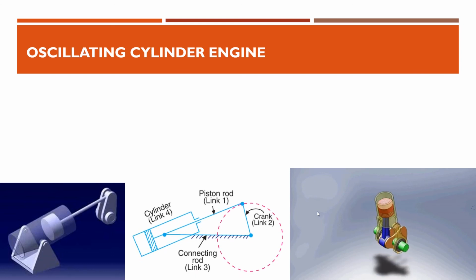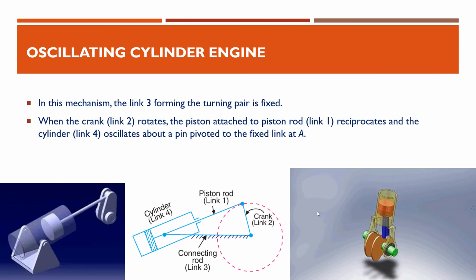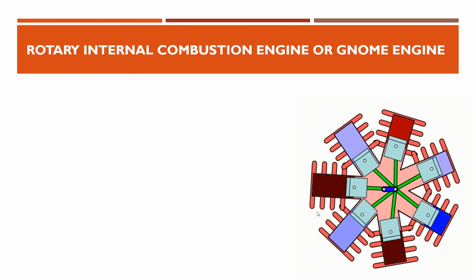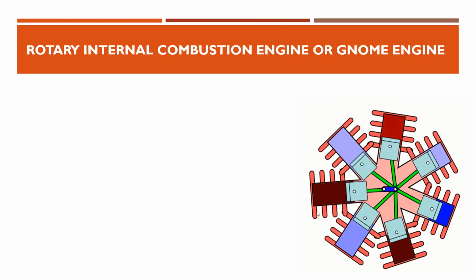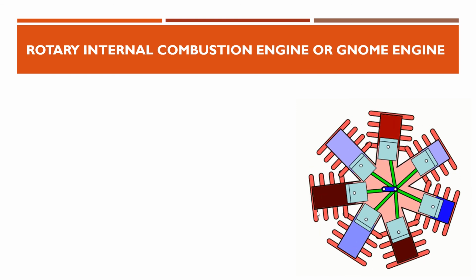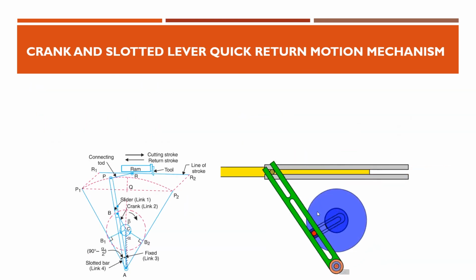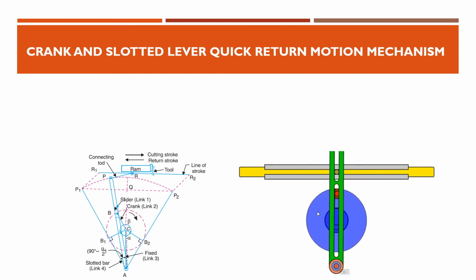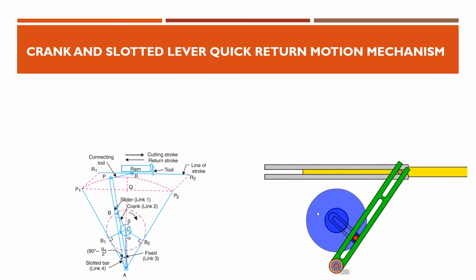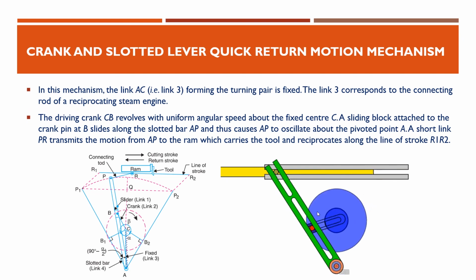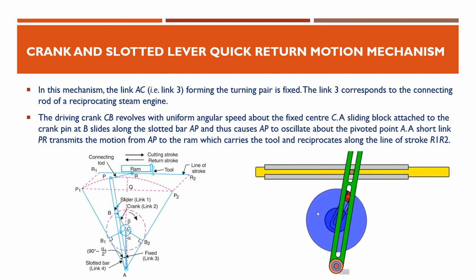The connecting rod is the fixed one. In the rotary internal combustion engine, the crank is the fixed one. And finally, in the crank and slotted lever quick return mechanism, again the connecting rod is the fixed one. Okay. So these are the four inversions of a slider crank mechanism.